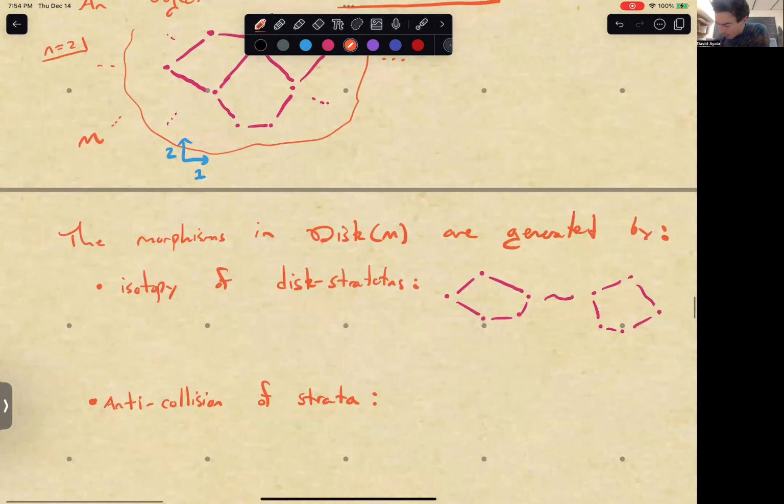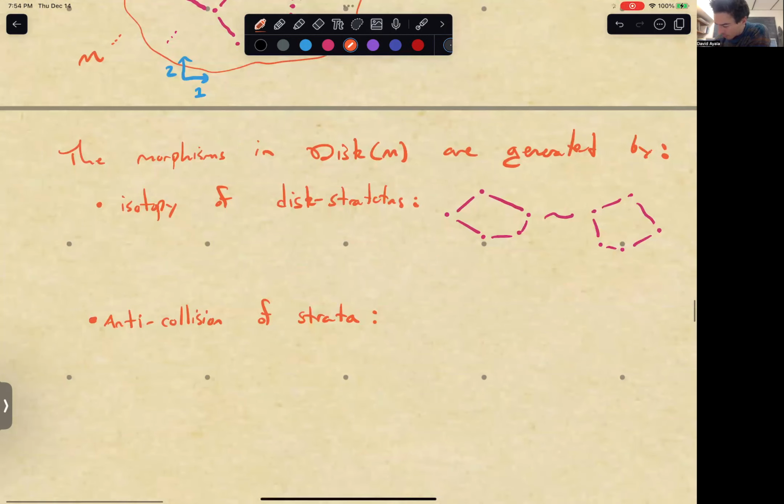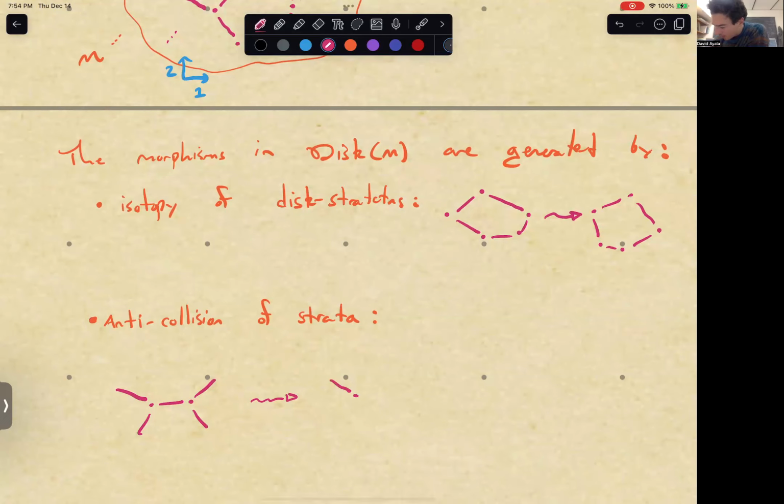So what that might look like is, if here's a piece of the stratification, we might see a movie where you see that horizontal line break up into two parallel lines. So if you read the movie backwards in time, you see these two lines collide into that one.